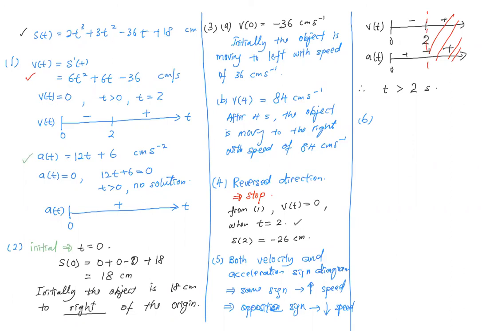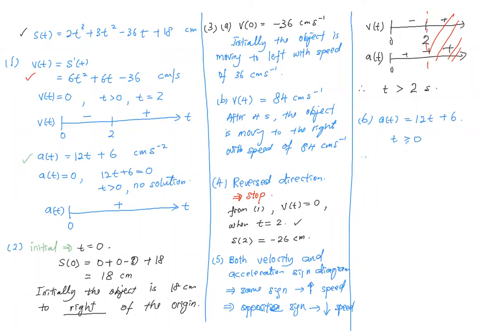So look, acceleration is 12t plus 6. Okay, so I want to show. So what I do is I start with t greater than or equal to 0. So therefore, 12t plus 6 is greater than or equal to, okay, if you want, you can go step by step.